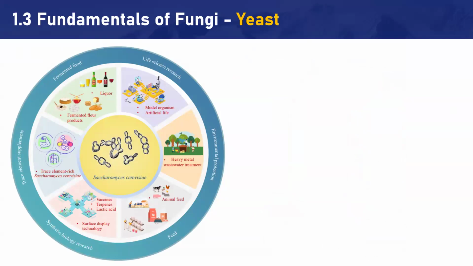And when we think about yeast, maybe we think about the application of yeast in food technology. However, we have many aspects of yeast application in real life. The first one is fermented foods.